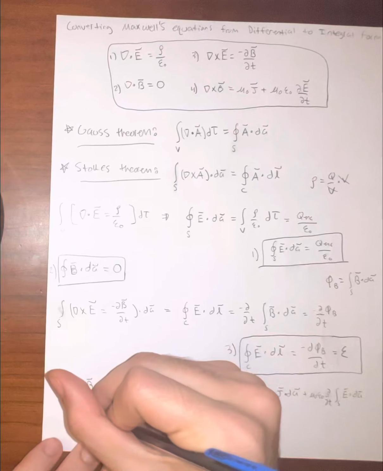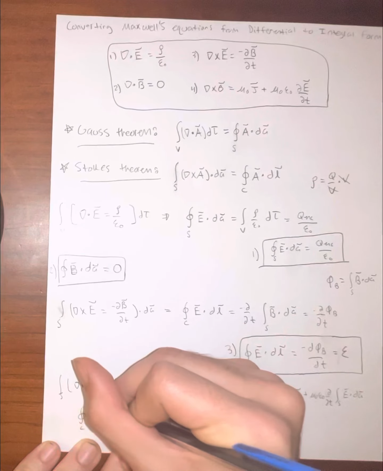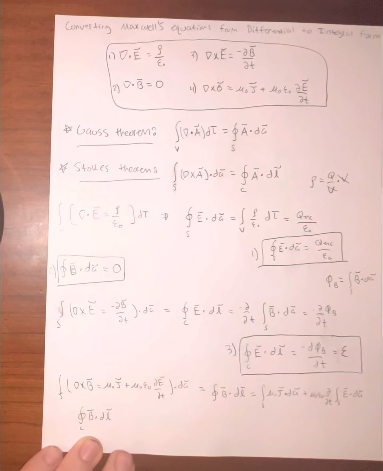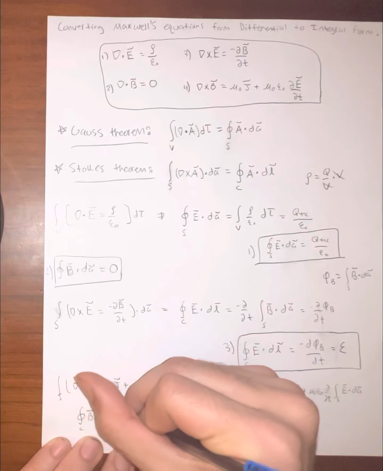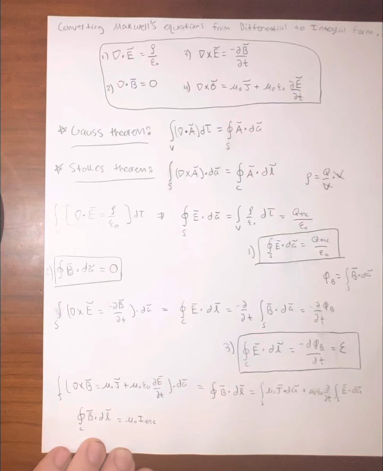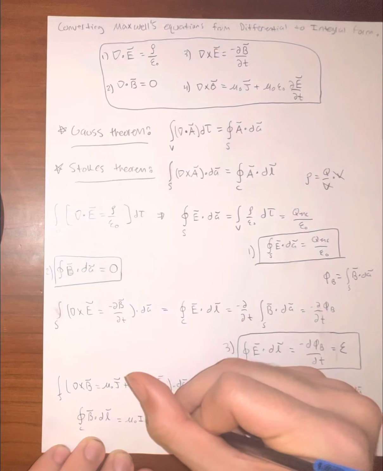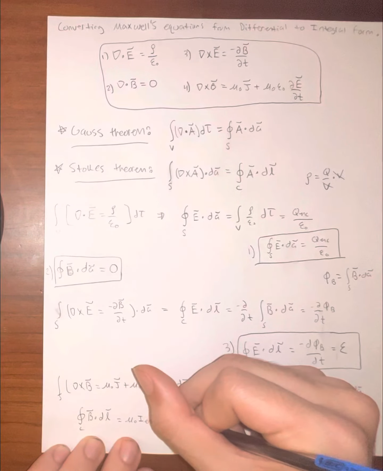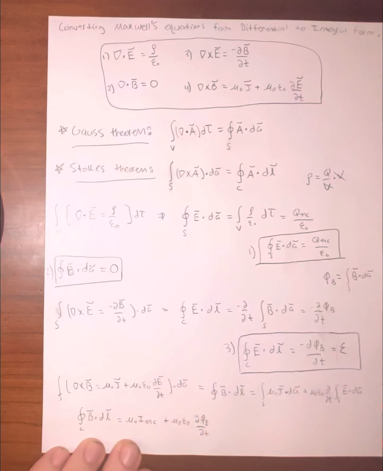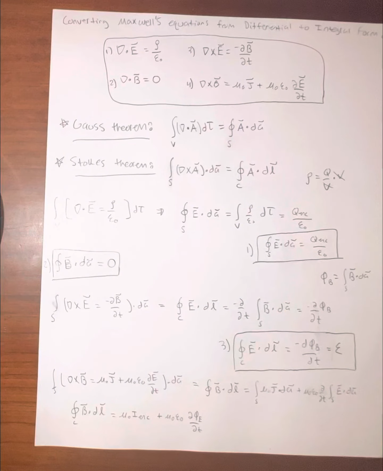So we have the closed line integral of the magnetic field is just equal to mu naught times the enclosed current plus mu naught epsilon naught d phi/dt. And we can also define mu naught epsilon naught as 1 over c squared.